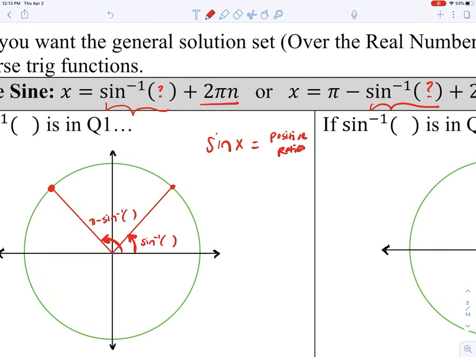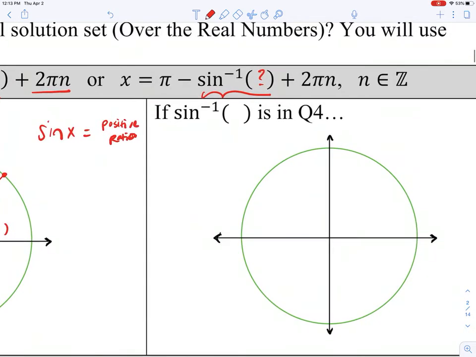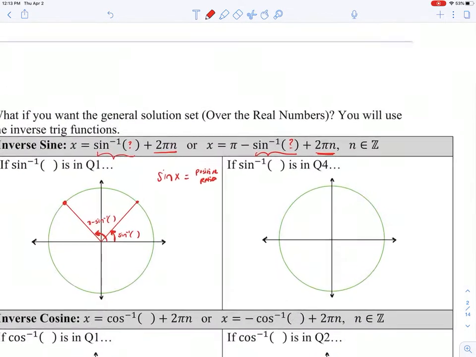And then the plus 2 pi n takes into account all of the coterminal angles to the angle from quadrant 1, as well as all of the coterminal angles from the angle from quadrant 2.